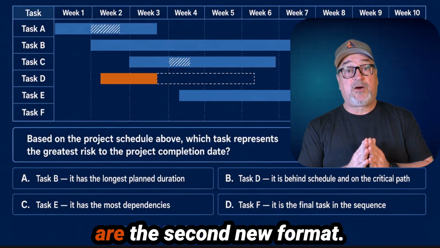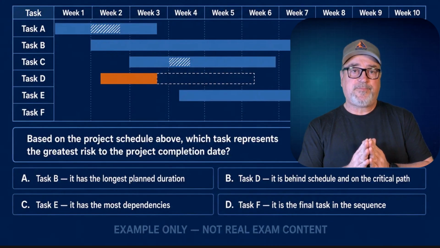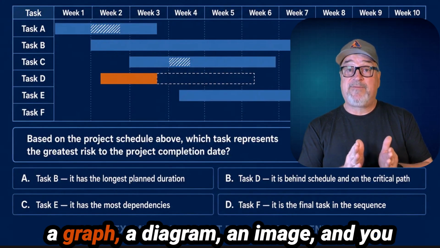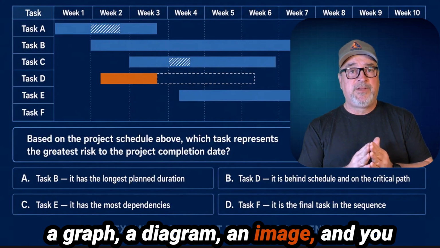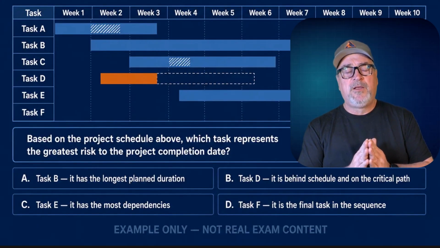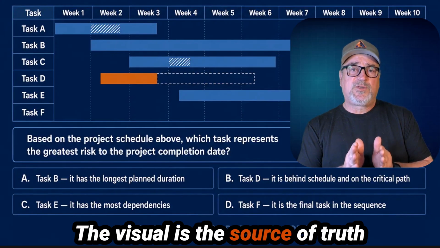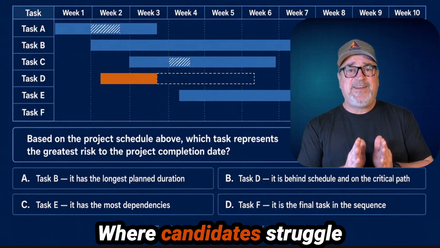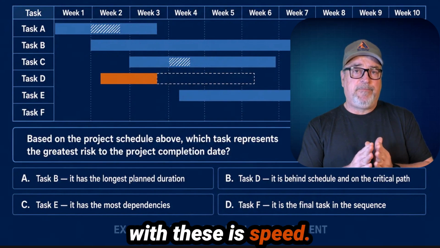Graphic-based questions are the second new format. Here you are shown a visual, a chart, a graph, a diagram, an image, and you answer questions based on what it shows. The visual is the source of truth here, not your prior knowledge. Where candidates struggle with these is speed.